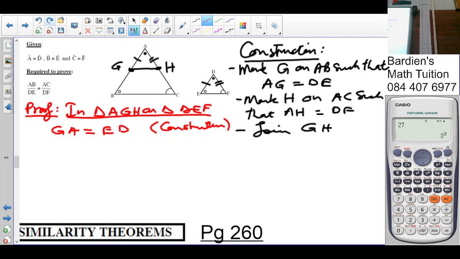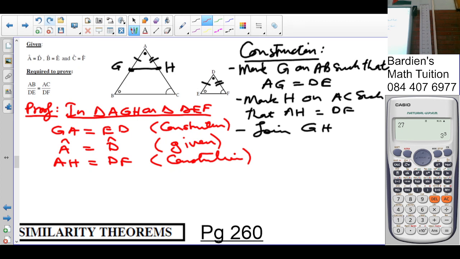What else can we say? Angle A is equal to angle D. Why? Given. One more. AH is equal to DF. Why? Construction.